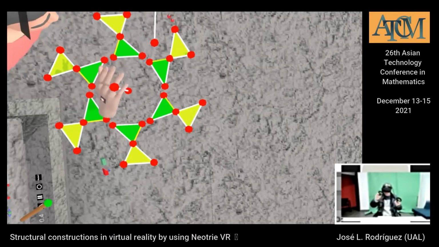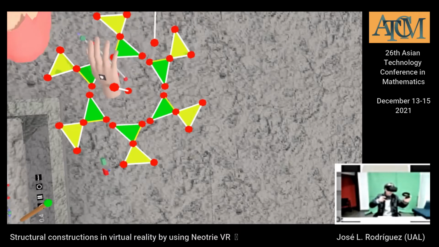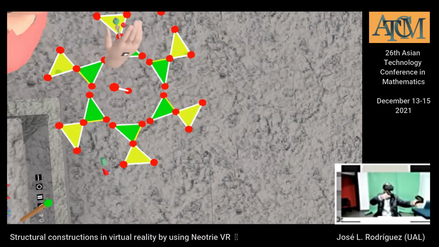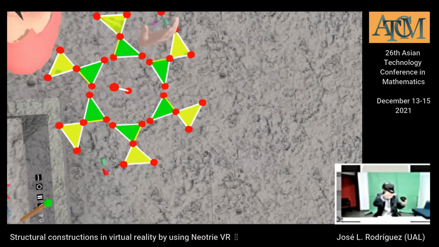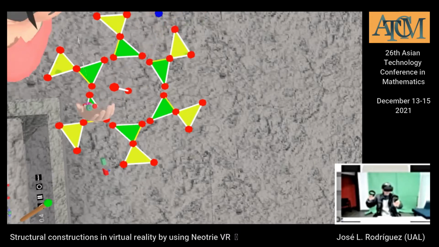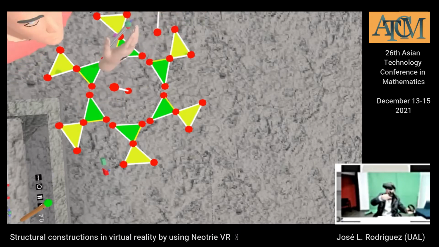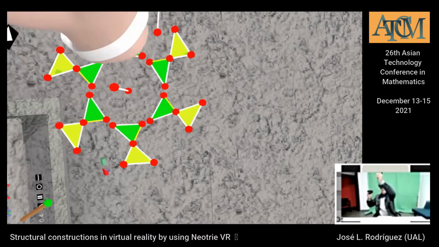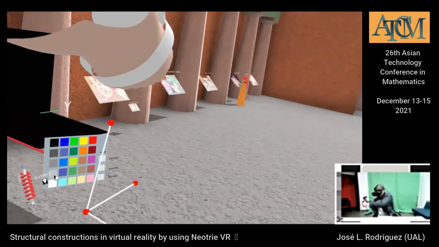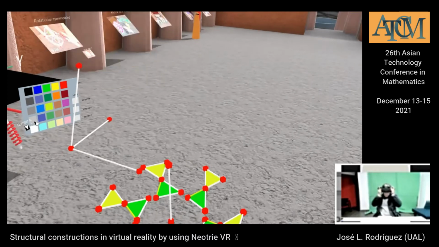So let's do the biggest one. I choose this tool, which is for copies, and let's make four copies in all directions. So you will see. Let's look at this now from this point of view.